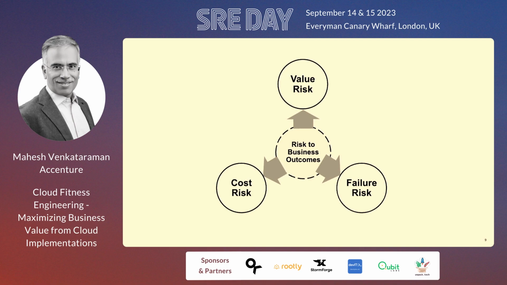Anything you take, the business value has to be defined, and there is a risk because of uncertainty. There is a risk that the value is not realized, and failures, distributed failures, and the cost is primarily cloud resource usage not commensurate with the business value that the application is providing.